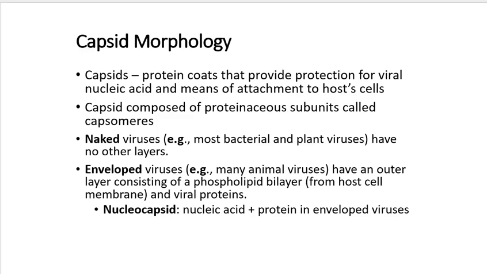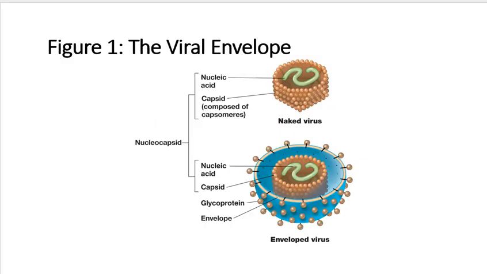And the nucleocapsid is that nucleic acid plus the protein in the enveloped virus. So if we look at this, you can see the naked virus. There's that capsid. There's this nucleic acid. Whereas the envelope virus has that lovely little envelope. And again, for humans, a lot of this is your actual cell membrane. We'll get to that.